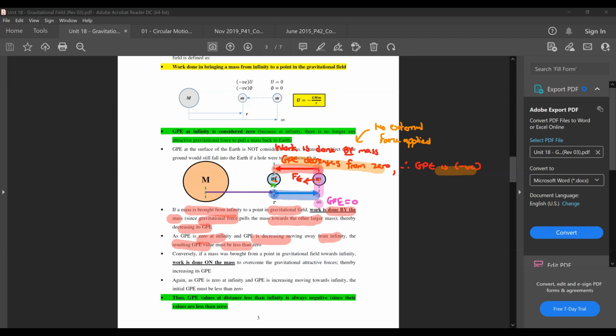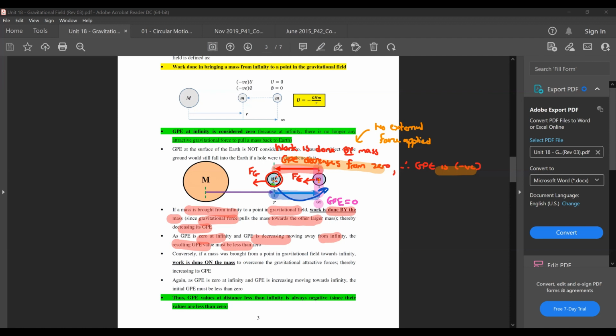If you're talking about at this point, you already definitely have an existing gravitational force here, pulling the small mass, the test mass, towards the big mass. Now, if you wanted to bring this mass all the way to infinity, there's already an existing gravitational force trying to pull it in the opposite direction.